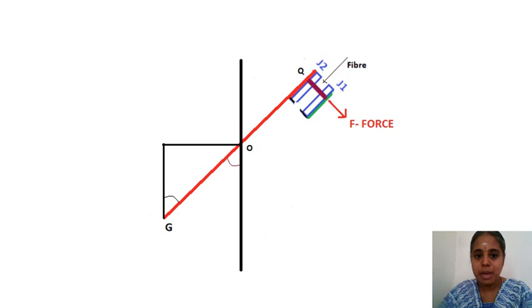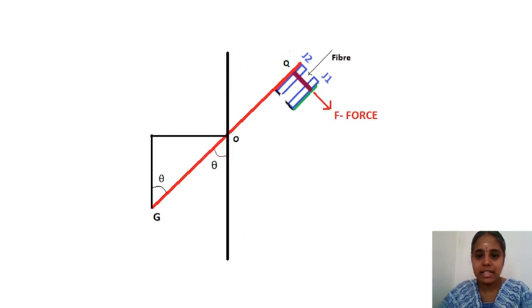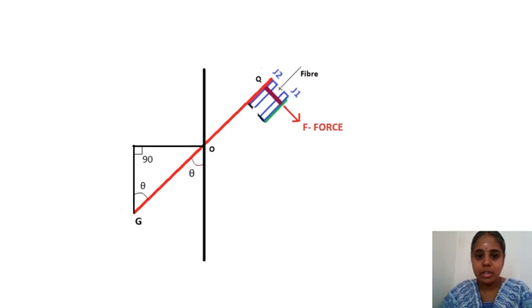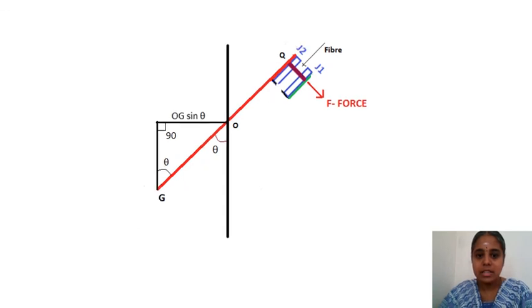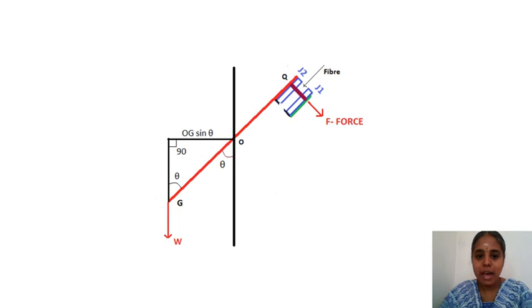This force has to be balanced by the force in the other direction, that is the weight of the pendulum. So at the point G, the weight of the pendulum acts. The pendulum makes an angle theta with its axis. So this is the angle theta. This is a right angle triangle and the distance OG sine theta is the distance from the center where the weight W acts.